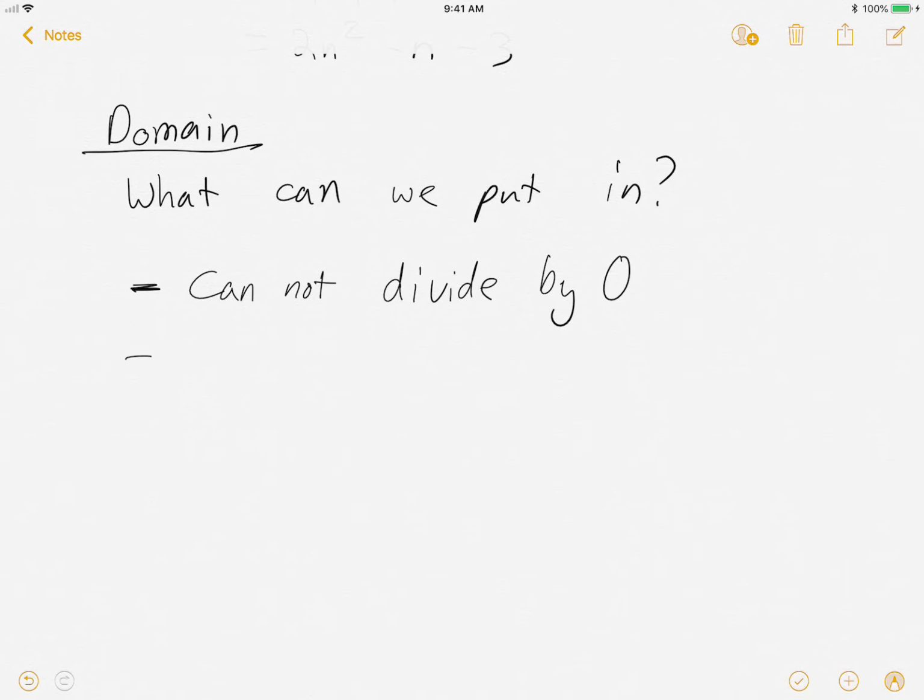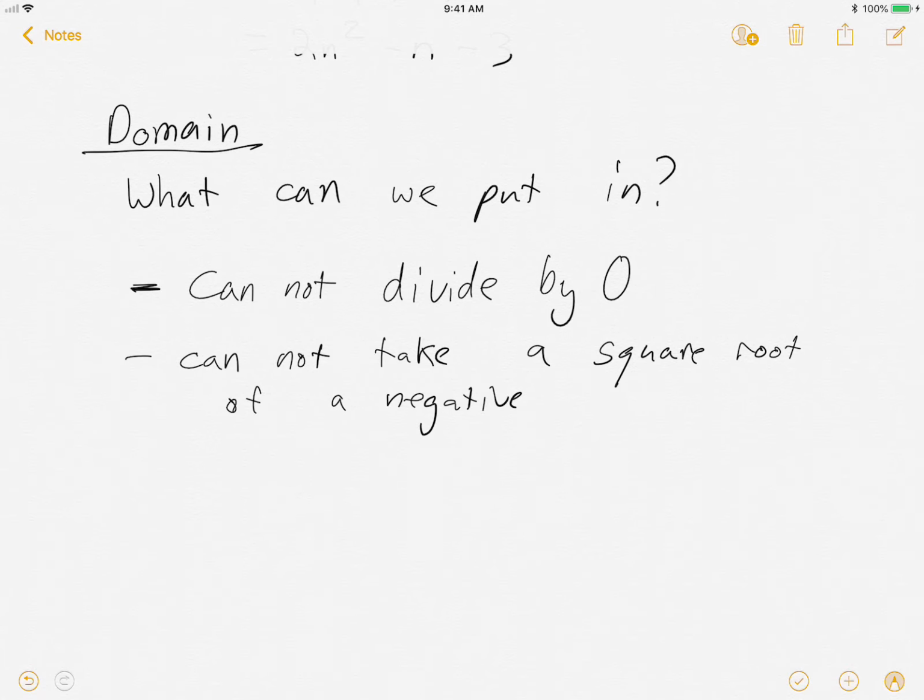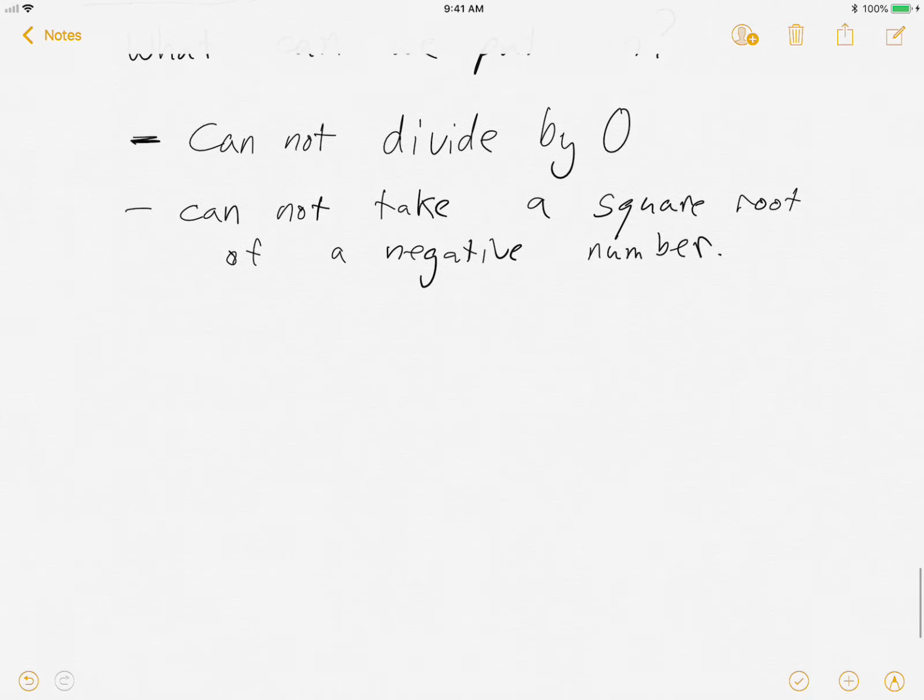And we cannot take a square root of a negative number. So those are things that will limit our domain. So let's define the domain of some functions.